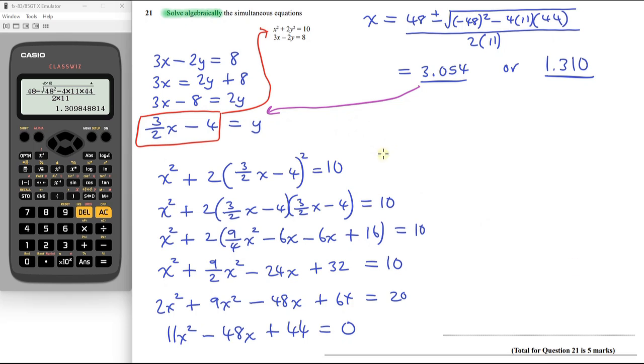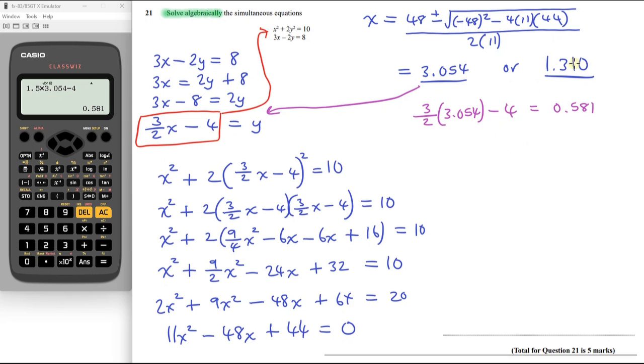So what do we have? We've got 3 over 2 times 3.054, and then we're going to subtract 4. So what does that give us? This is essentially 1.5, so I'm just going to do 1.5 times 3.054 minus 4, and we get 0.581.